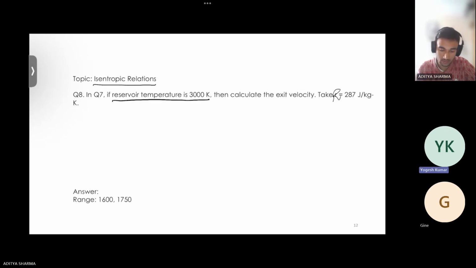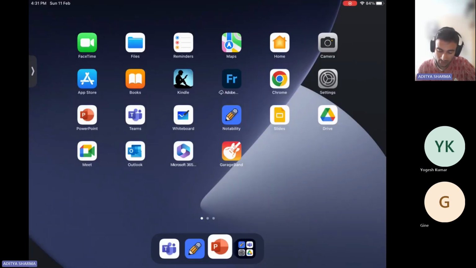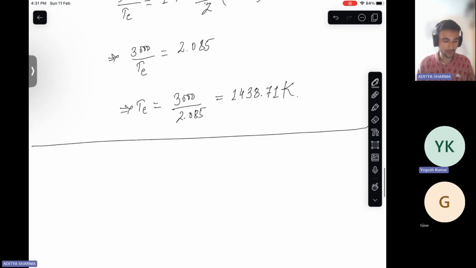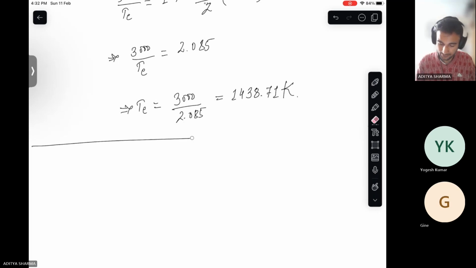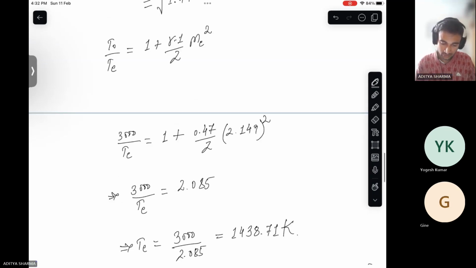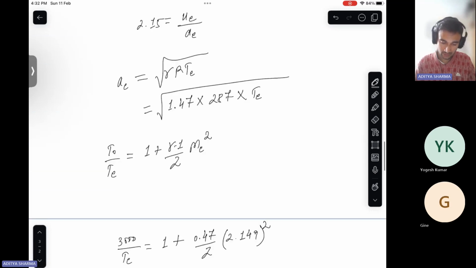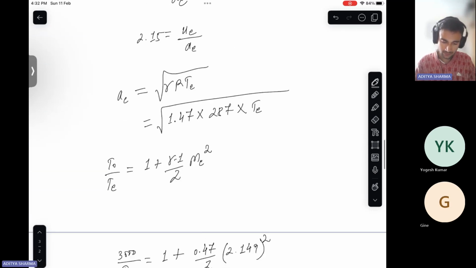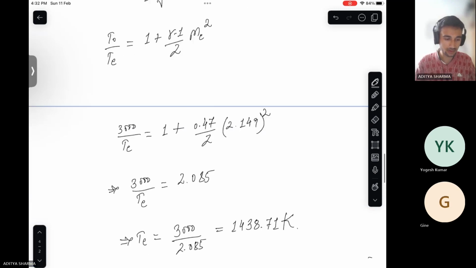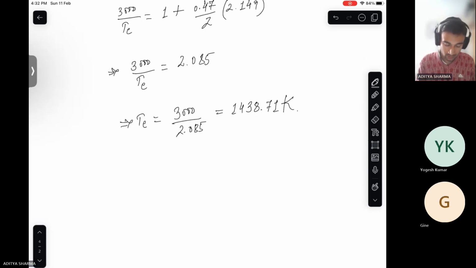Because yes, I need to find the exit velocity, no? Oops. Right. Okay, sorry. Thanks for taking care of this. So we have TE, right? So gamma R T, sorry.